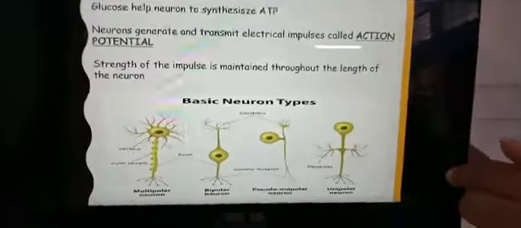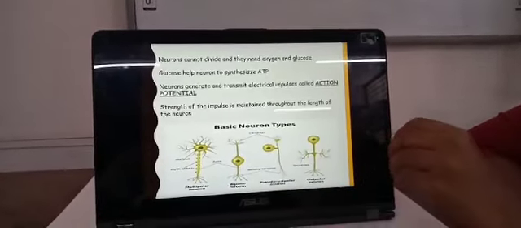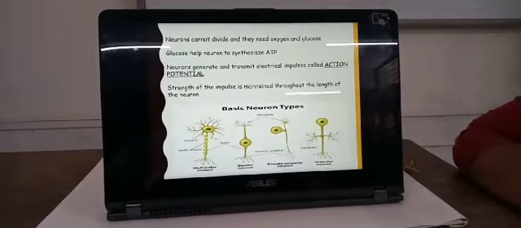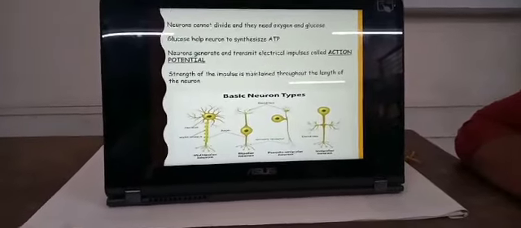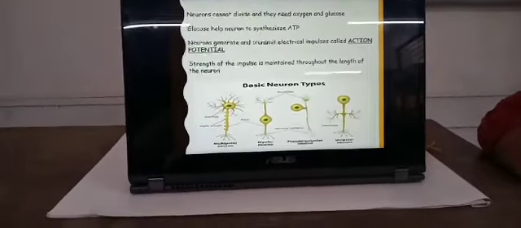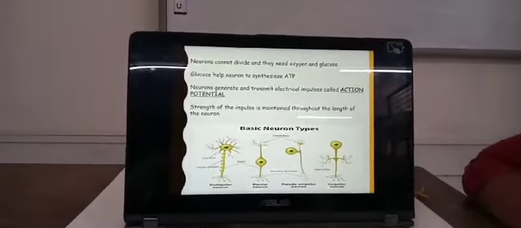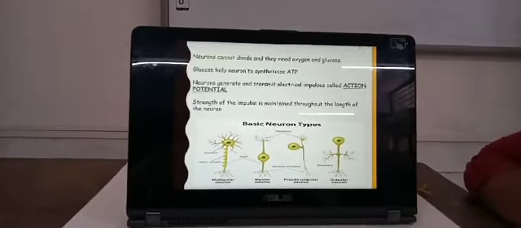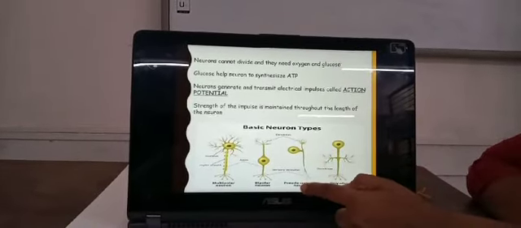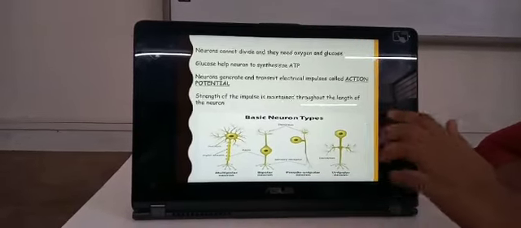It generates, which means it produces electric impulses, and whatever electric impulses it has generated, it will transmit from one nerve cell to the other. A nerve cell is also called a neuron. The strength of the impulse is maintained throughout the length of the neuron. From the tip of the neuron till the end, the strength of the electric impulses or the action potential will be maintained.